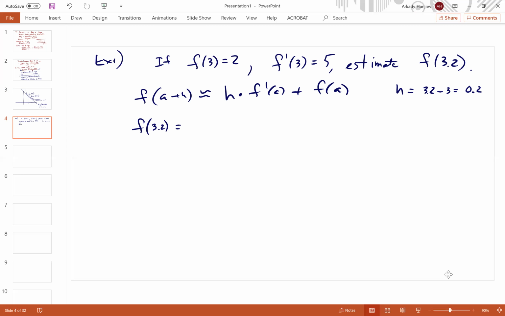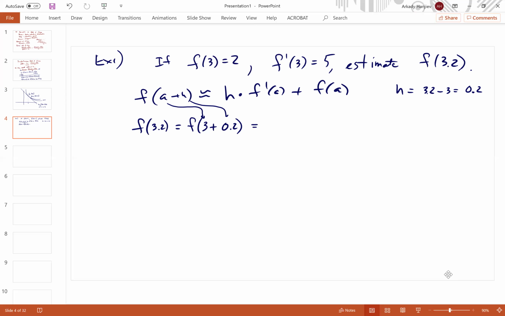So f of 3.2, you can even break it up if you like, so it'll look like A plus H, if you want to do it that way. So there's your A, there's your H value. So H value is 0.2.